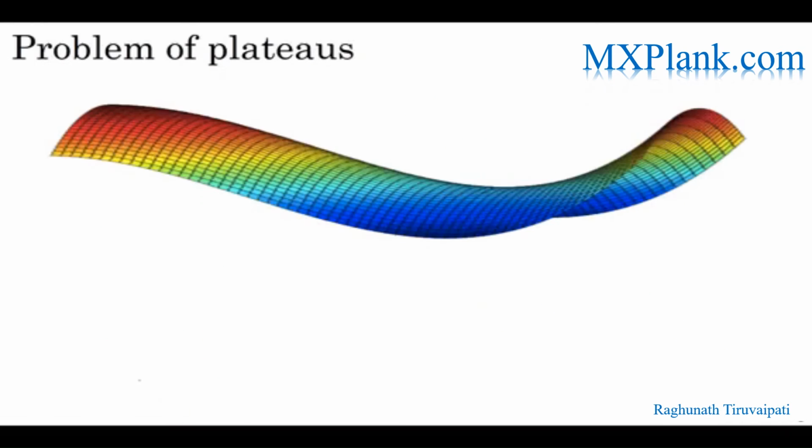If local optima aren't a problem, then what is a problem? It turns out that plateaus can really slow down learning, and a plateau is a region where the derivative is close to 0 for a long time. So if you're here, then gradient descent will move down this surface, and because the gradient is 0 or near 0, the surface is quite flat.